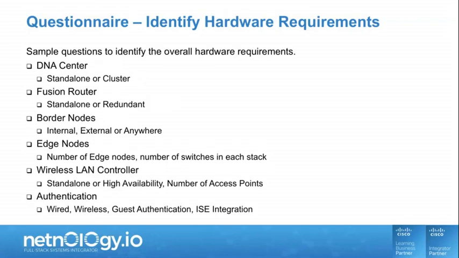Now understand, are they looking to do a standalone DNA versus a cluster deployment? Fusion routers, we highly recommend having a redundant pair of fusion routers, because we want to have as much redundancy as possible in the fabric when the traffic hits the fusion router. If we have only one single fusion router, that is a single point of failure. Make sure the customer understands and realizes the fabric is good.